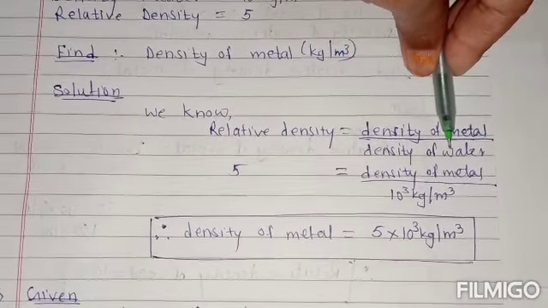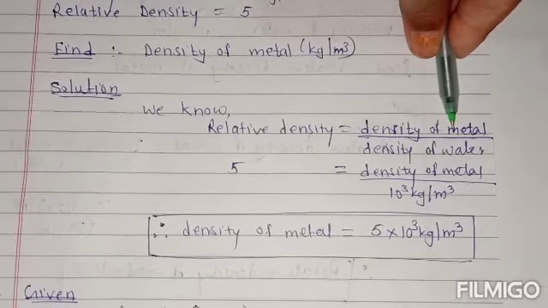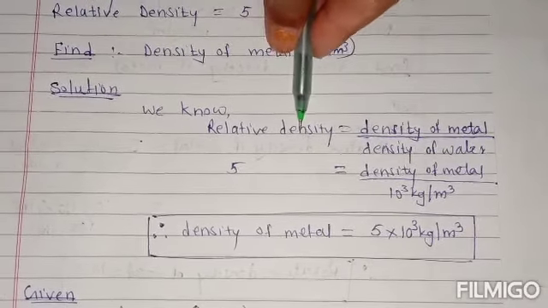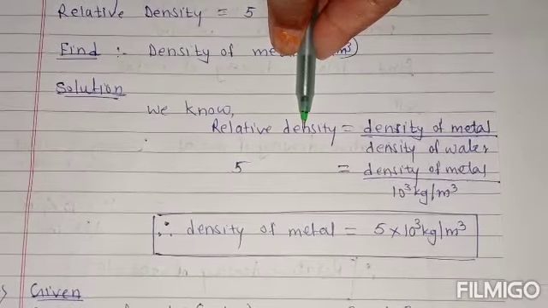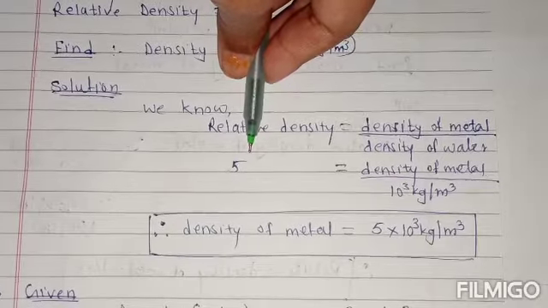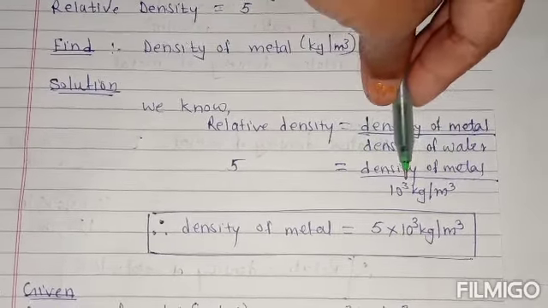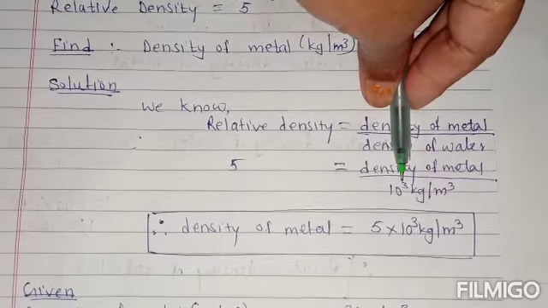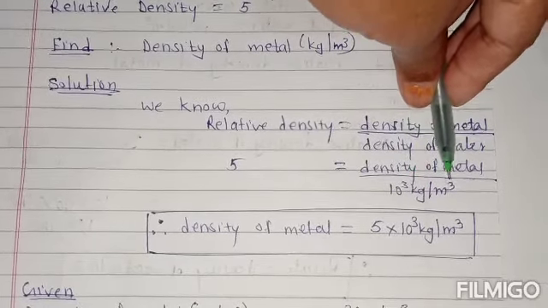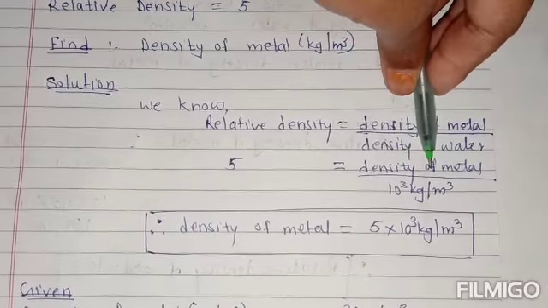In place of relative density, whatever value is given, you have to substitute. That is 5, which is equal to density of metal upon density of water, which is equal to 10 raised to 3 kg per cubic meter.